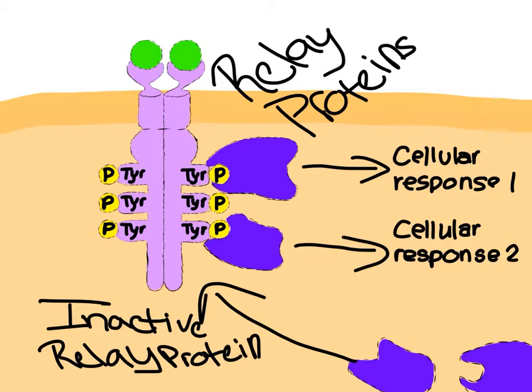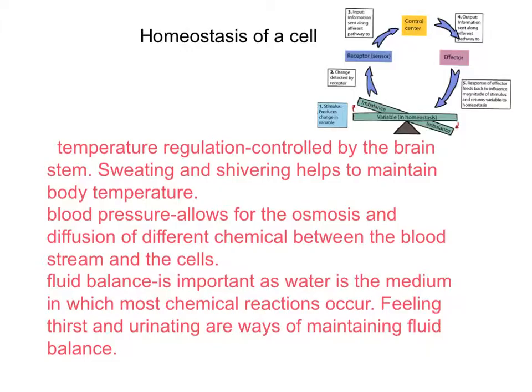These proteins are always waiting, ready to be switched on. It's kind of like right before a race, you're ready to get out there and get it done. Random fun fact: many cancers are actually caused by mutated receptors that are activated without a signal molecule, which is completely fascinating by my standards.